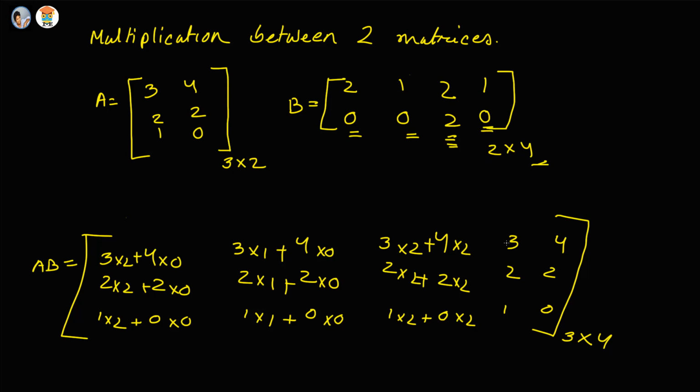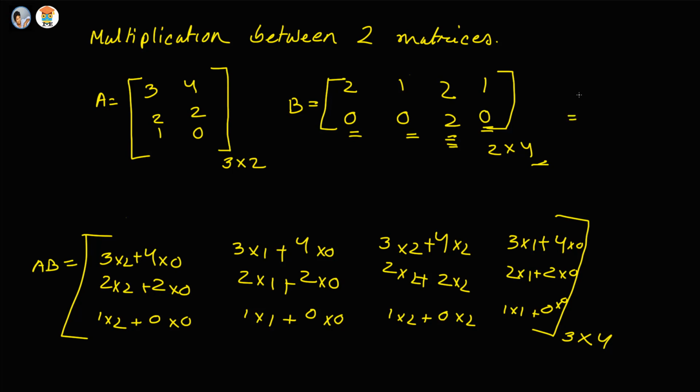Take the fourth column, into 1, into 0, repeated. So we will have plus, plus, plus.